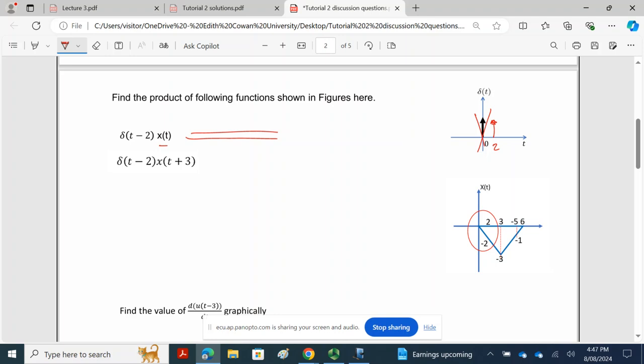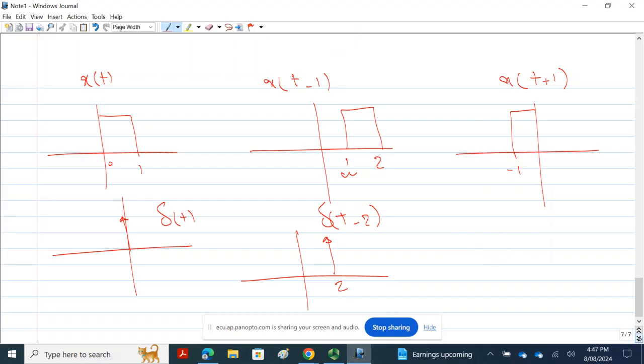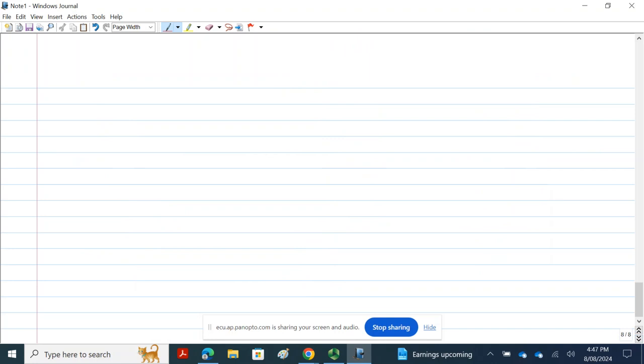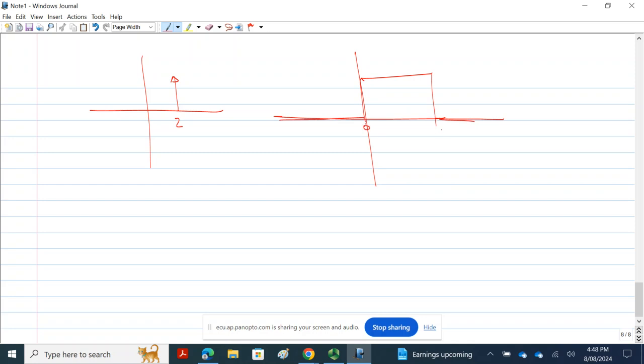Okay, now, before getting to this, let me make it simpler for you. Let's use a simpler example. That's my delta at 2, and that's my signal. That's 0, that's 4, that's 2, and that's 1.